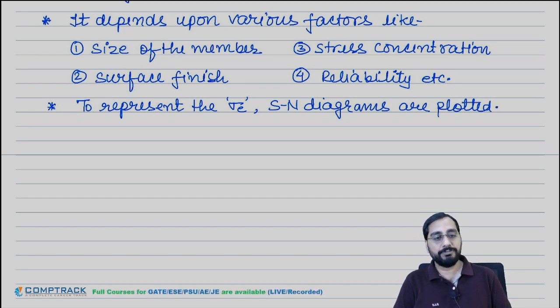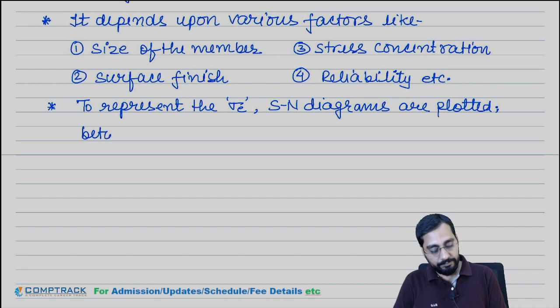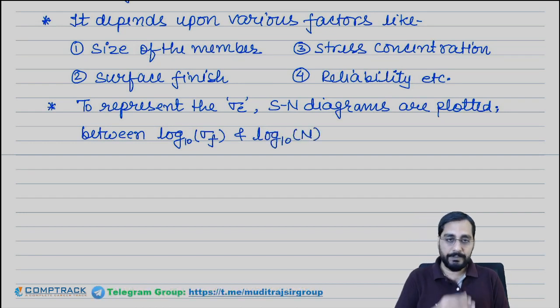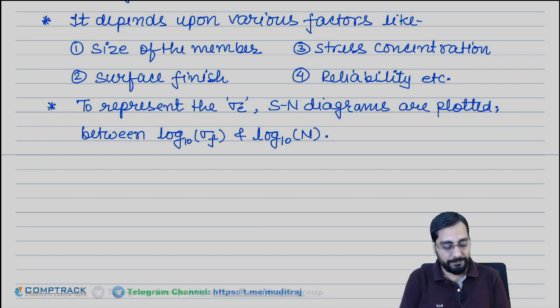S-N diagrams are plotted between log 10 of fluctuating stress and log 10 of number of cycles.